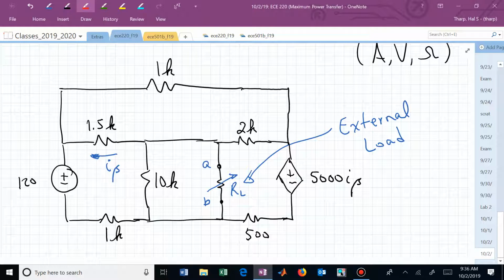Well, now we have that crazy 1K resistor right there, which is kind of problematic. But if we did something, let's say here, then that would be a given, wouldn't it? So we wouldn't have to solve for that node voltage, but how many other node voltages or essential nodes do you see?